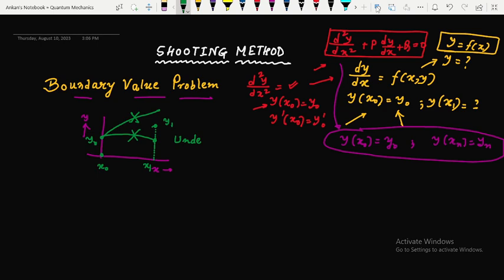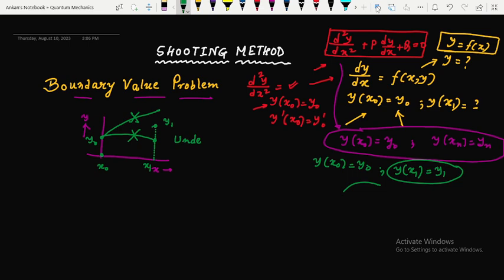Okay, so in this problem at x equal to x0 you are given the value of y is y0, and at x equal to x1 you have the given value of y is y1. So you have to approach this so that you can get the resultant solution curve in the xy plane.